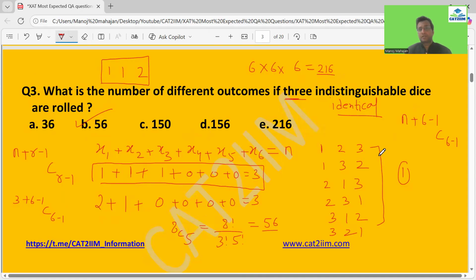So the result we are able to figure out ultimately is n plus 5 C 5. So next time you can easily answer such a question. What was n over here? 3. So straight away 3 plus 5 is 8C5. That was the answer, which is numerically 56.